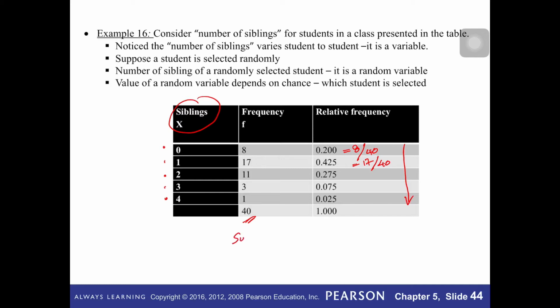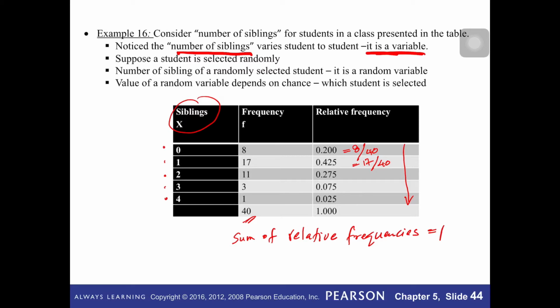So sum of relative frequencies equals to 1. Okay, number of siblings varies student to student. It is a variable. For student A, number of siblings is 0.